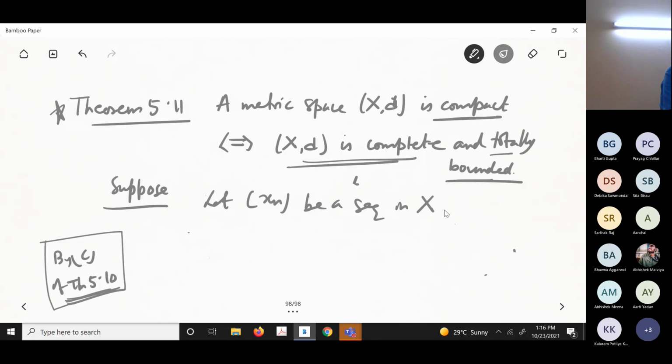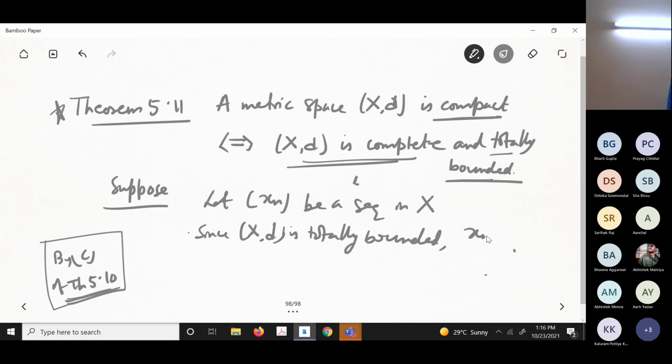Right. Now, X is totally bounded. Look at this. So it has a Cauchy subsequence. Since X is totally bounded, xn has a Cauchy subsequence, xkn.